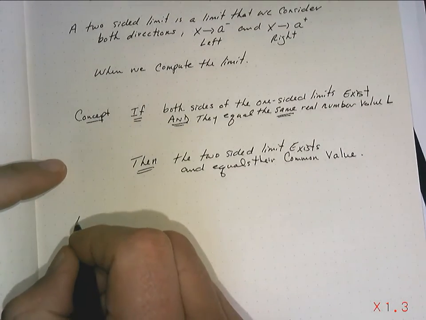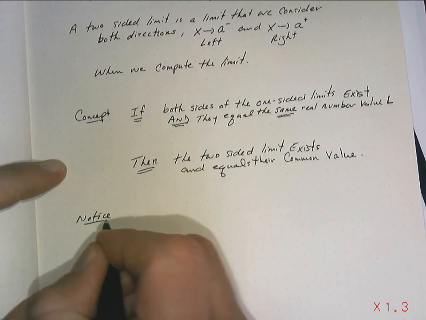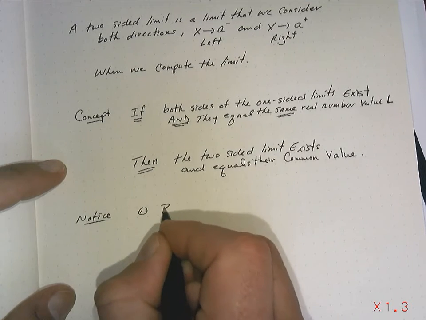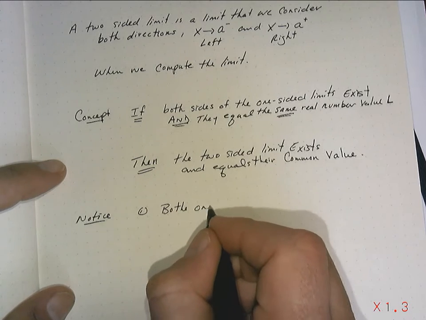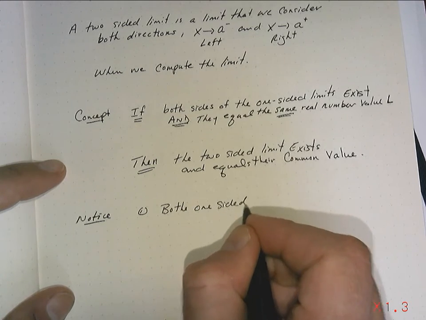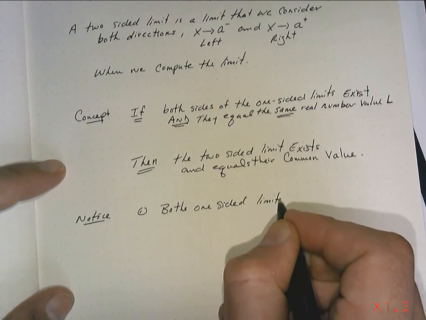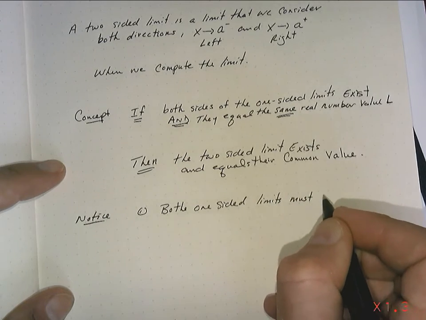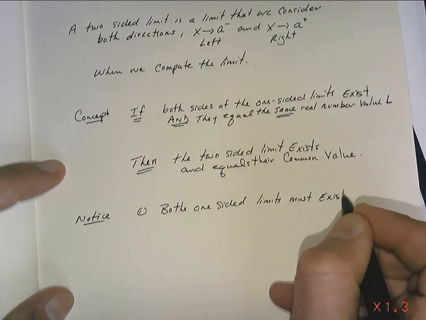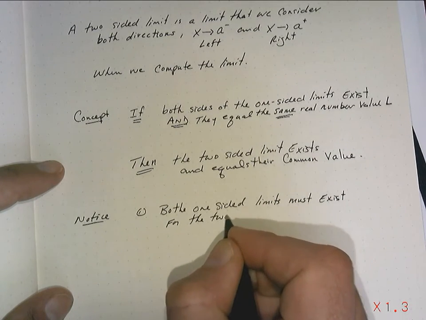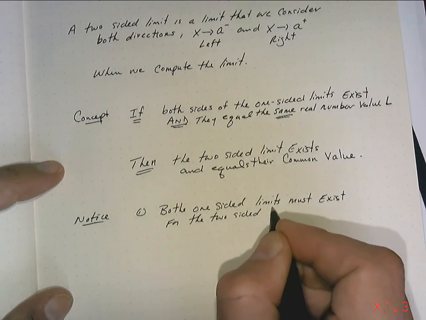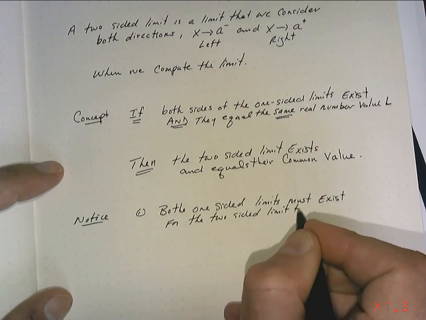Notice a couple of things about this. Both one-sided limits must exist for the two-sided limit to exist.